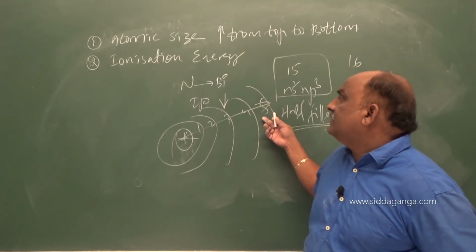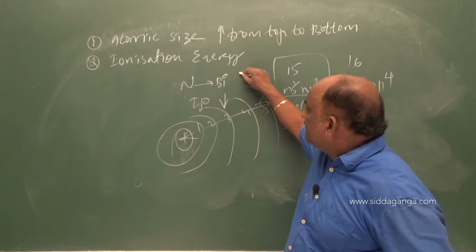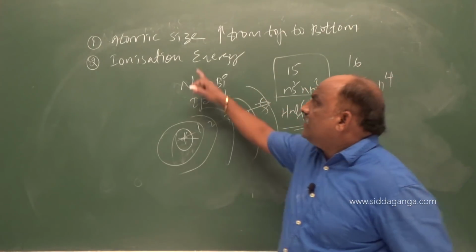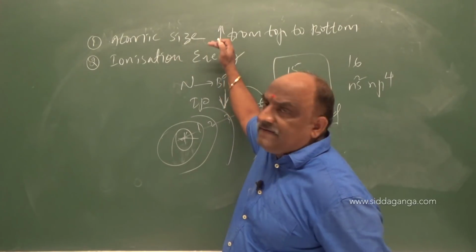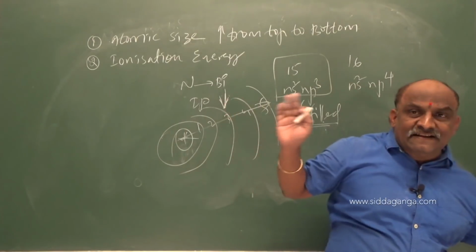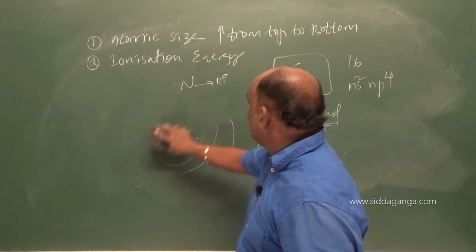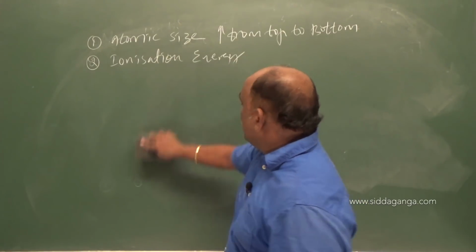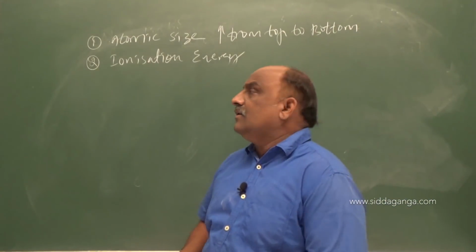Due to that reason, from nitrogen to bismuth, IP values decrease. What is the reason? Size increases, attraction from the nucleus to the outermost electrons decreases, so outermost electrons can be easily removed.